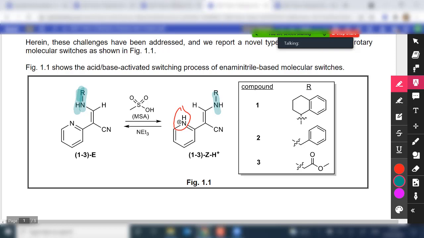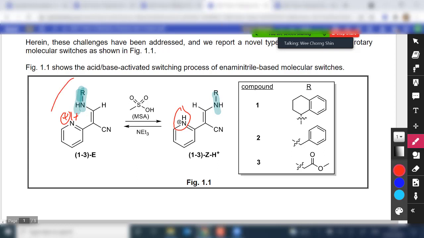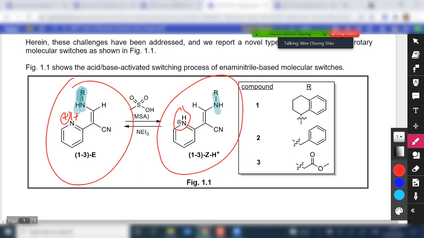Let's say this is protonated, then when I compare this versus this, the one with the R and H facing inwards will have a greater steric hindrance as compared to the Z isomer.